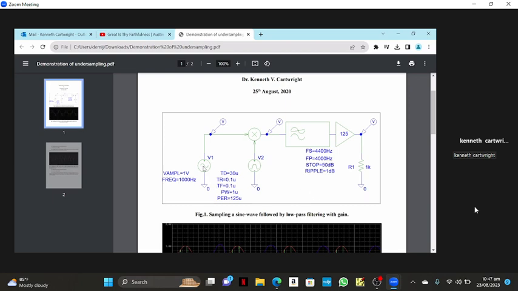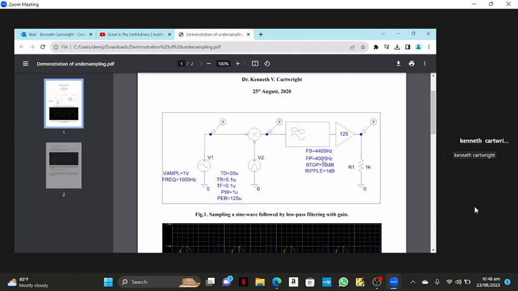This is my original signal, my 1,000 hertz sine wave, 1 volt. That's the signal I want to sample. V1 I want to sample. I'm sampling V1 by V2. V2 is the sampling signal, and the output is the sampled signal. I pass my sample signal through a low-pass filter.